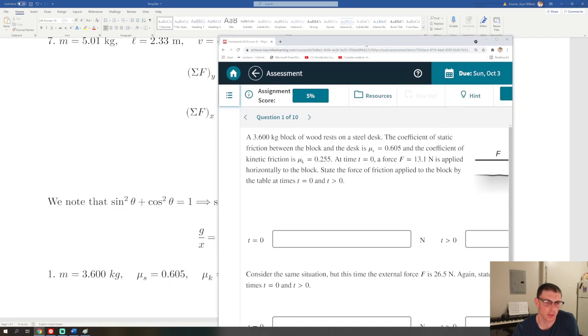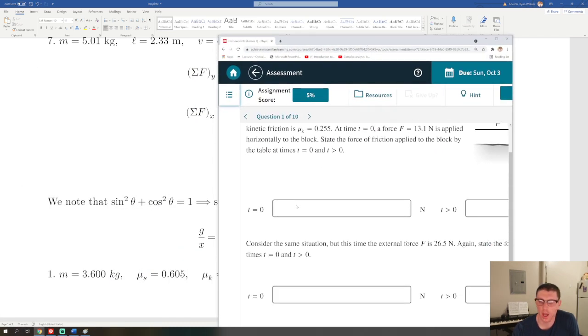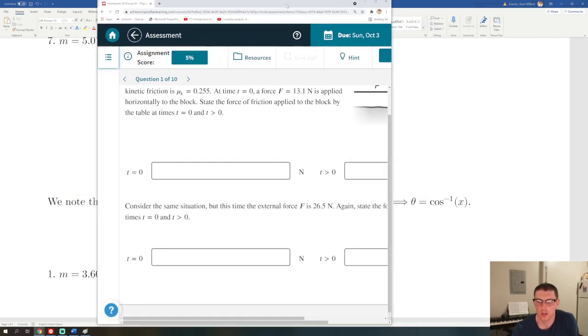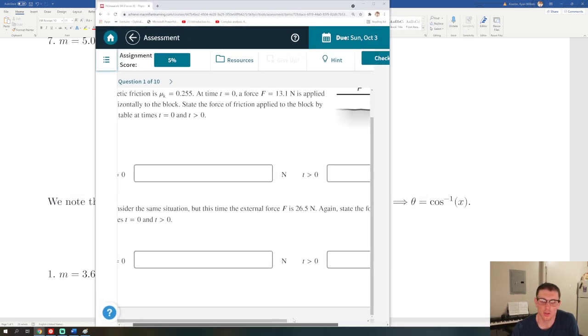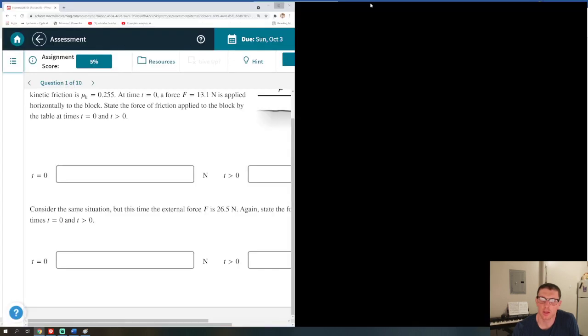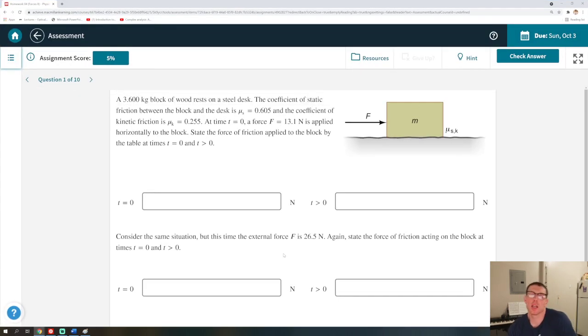And we want to think about what happens. I'll probably just go through the whole thing, but we'll talk conceptually about what is going on here, and then write some stuff down. The idea is that whenever we have a problem like this, where there's a force being applied to an object that has a non-zero coefficient of friction, static friction in particular, between it and the surface on which it is resting, we want to see what the maximum static friction force could be.